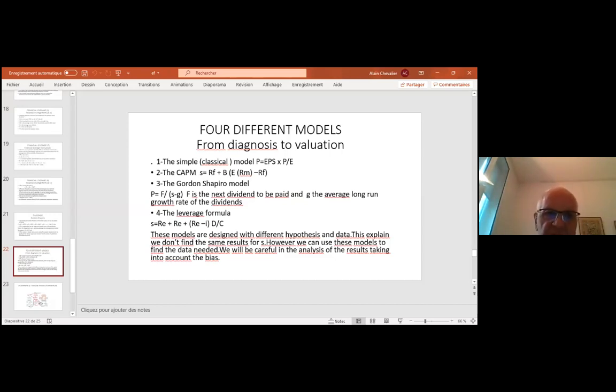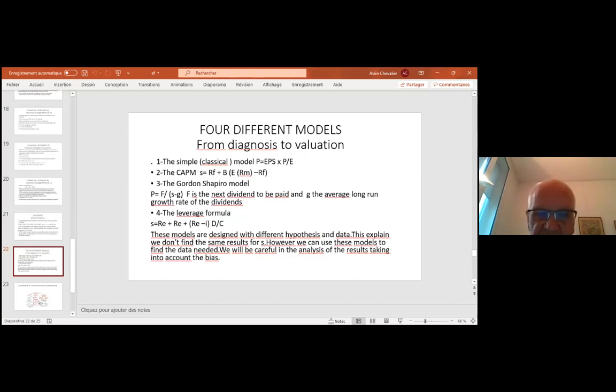You have a good knowledge of the capital asset pricing model, which is S, the cost of equity, is equal to RF, which is the risk-free rate, plus beta, volatility, multiplied by the expected return of a portfolio of diversified shares.